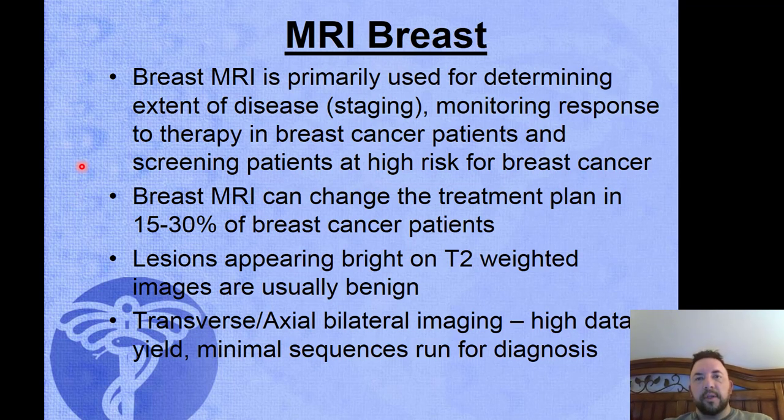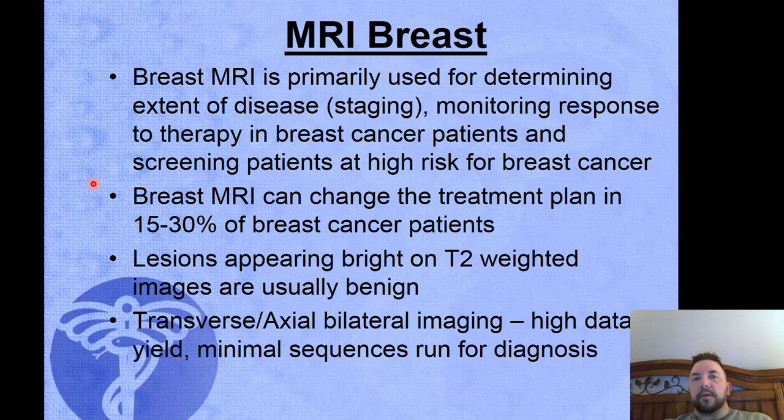We use breast MR for extent of disease, so staging, monitoring their response to therapy in breast cancer patients, and then also screening those at high risk for breast cancer. Any BRCA positive genetic testing can lead to very rapid insurance approval and doctor's order for a breast MRI.